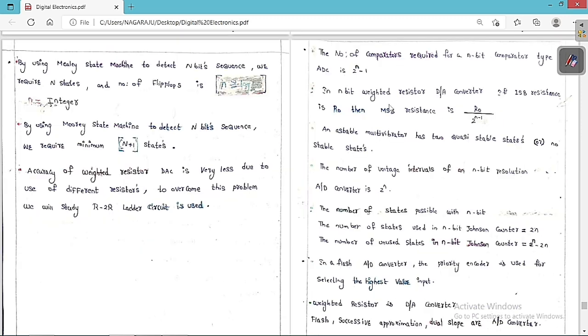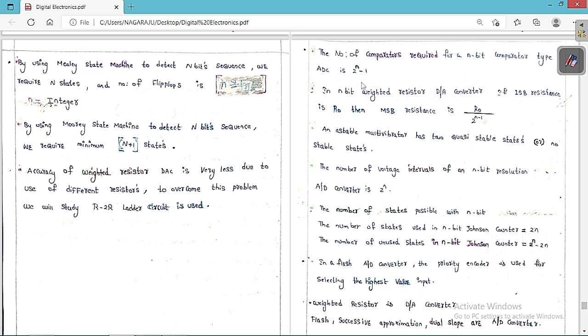Now the next one: the number of comparators required for an n-bit comparator ADC is 2 to the power of n minus 1. I have already told you the number of comparators required for the n-bit comparator type ADC, or flash type ADC, is 2 to the power of n minus 1, whereas the number of registers is 2 to the power of n.